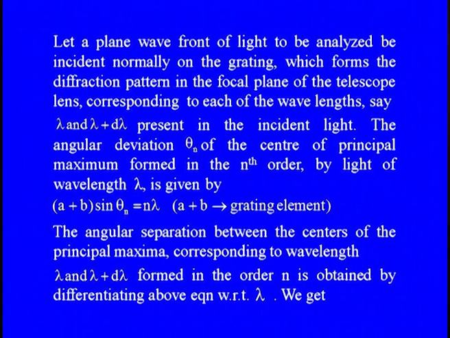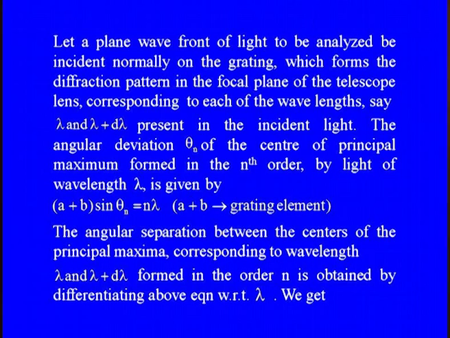Now, let a plane wave front of light to be analyzed be incident normally on the grating, which forms the diffraction pattern in the focal plane of the telescope lens corresponding to each of the wavelengths, say lambda and lambda plus d lambda, present in the incident light.